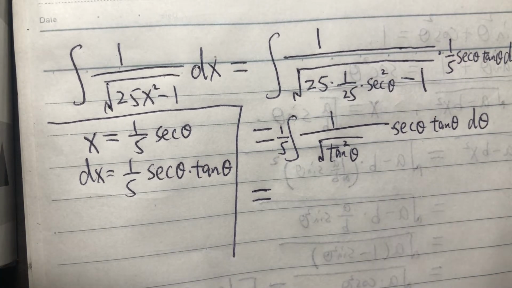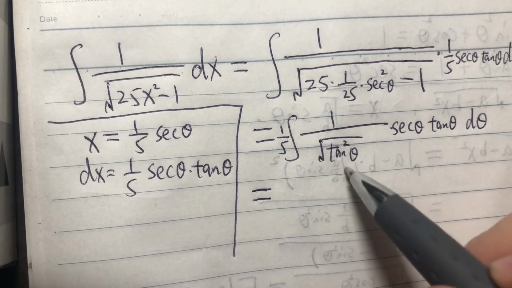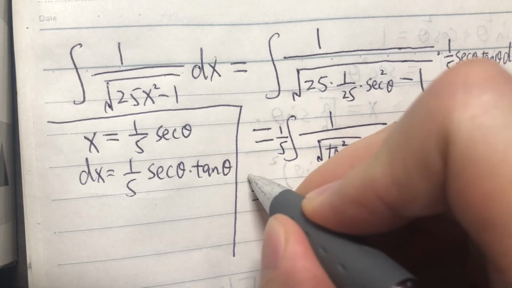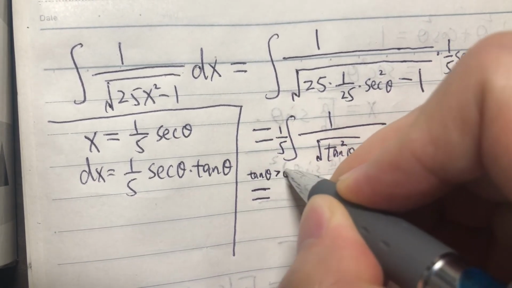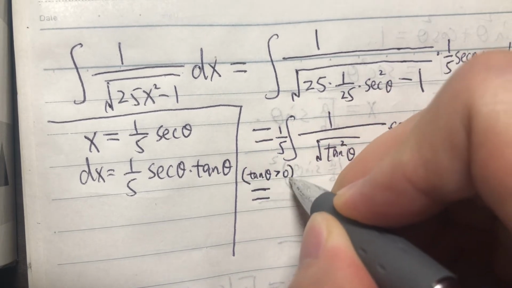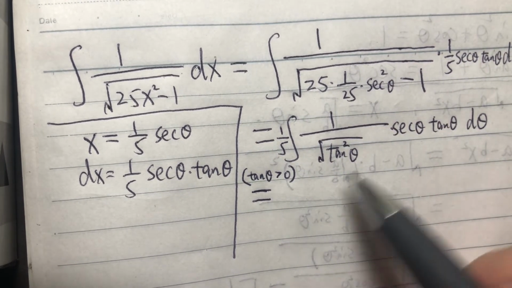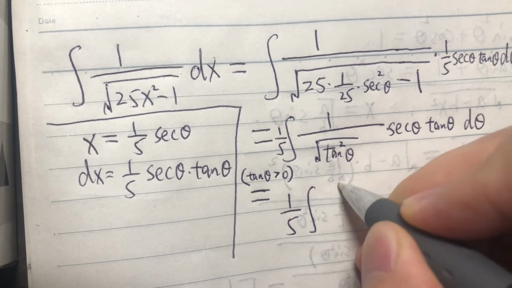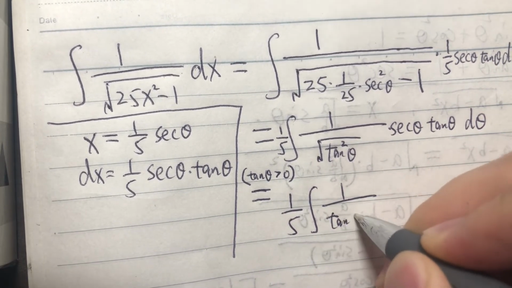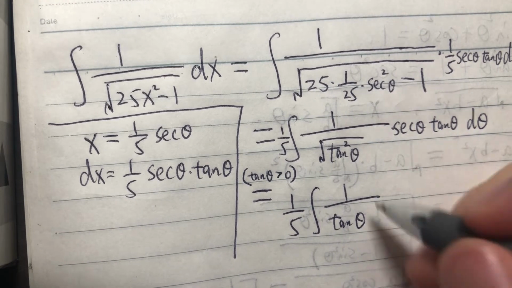What's next? Let's assume tangent theta is positive, to make things easier. So this is 1/5, 1 over tangent theta.